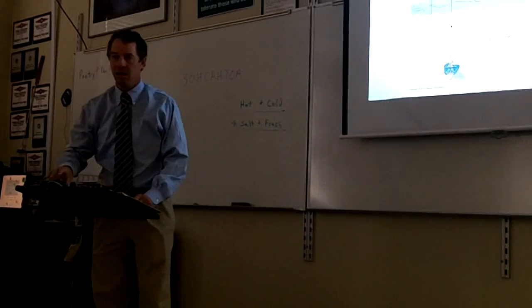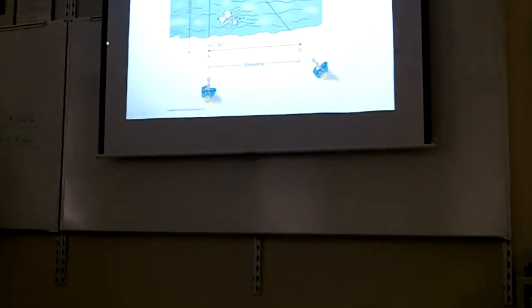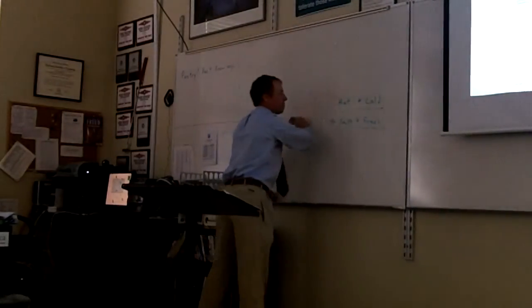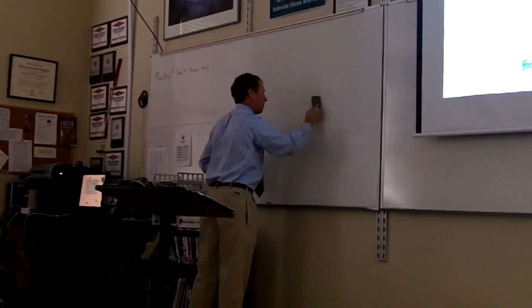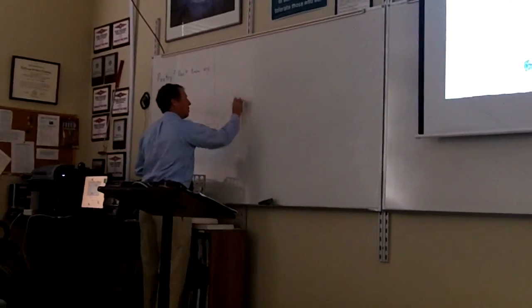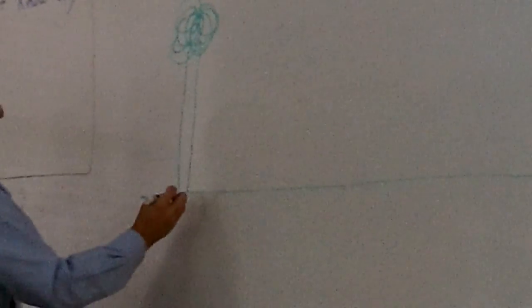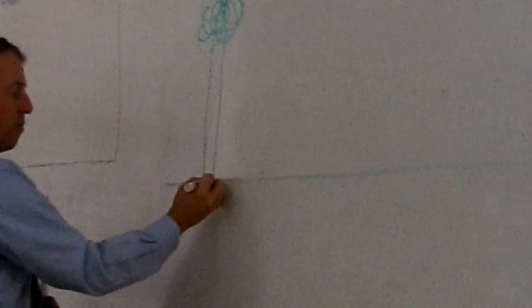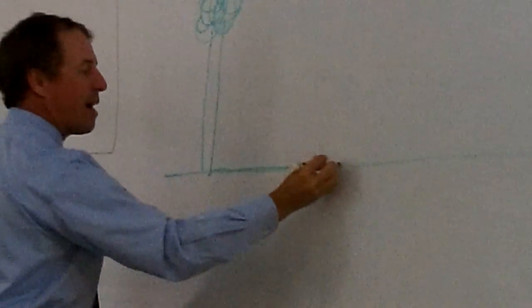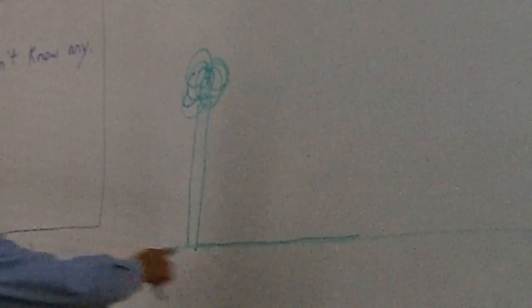Are you afraid? It's the same sort of thing with a tree. Imagine you have a tree outside. Here's the tree. I like drawing trees. Here's the ground. You have paced off a distance from the tree, or I'm actually going to give you a tape measure, so you can measure the distance from a tree.